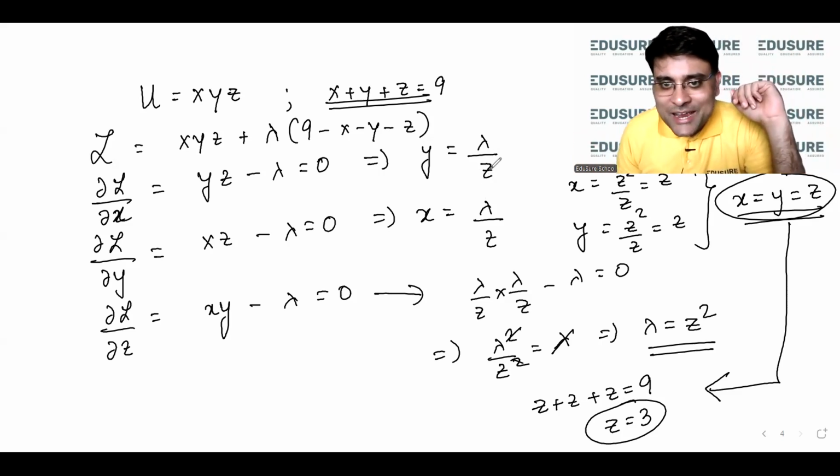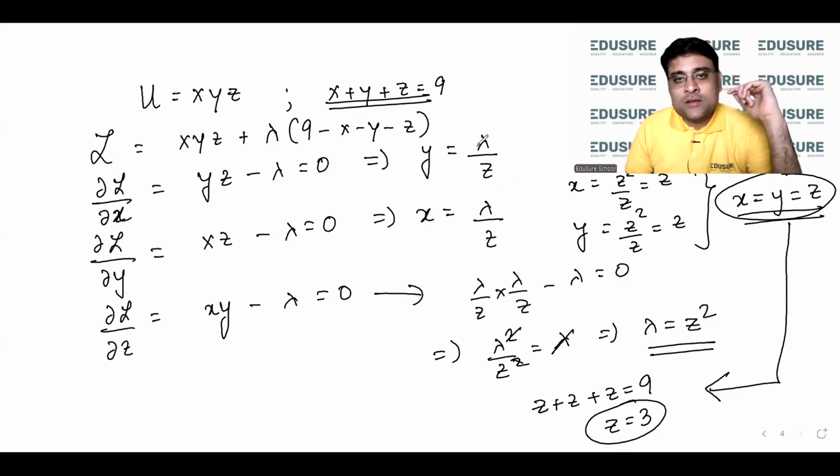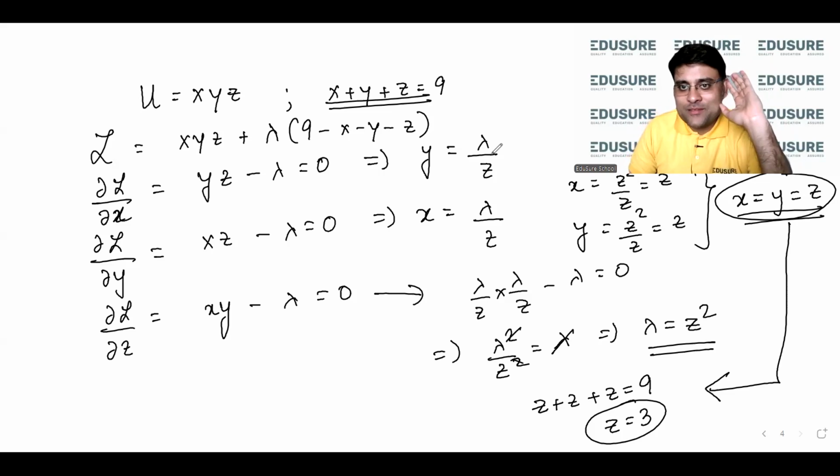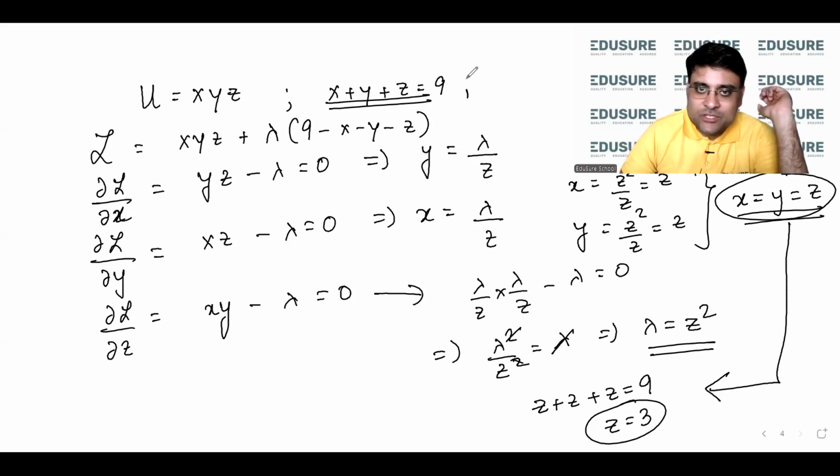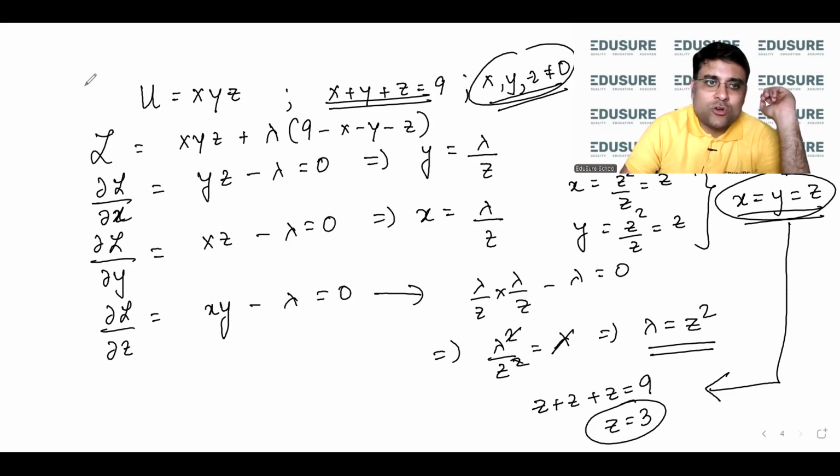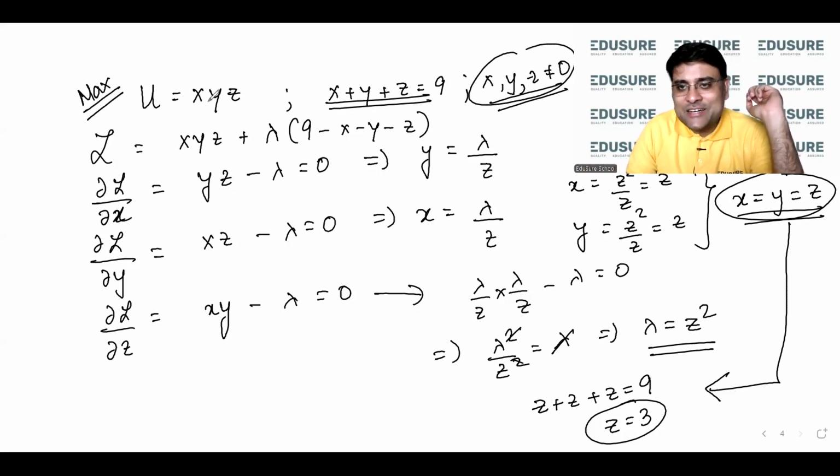Because z अगर denominator में आ गया and वो equal to 0 हो जाता है तो ये undefined हो जाएगा, right? So x, y and z, I am assuming they are not equal to 0, because quite clearly if I want to maximize my utility function, अगर x, y या z तीनों में से कुछ भी equal to 0 हो गया, the utility is equal to 0, right?